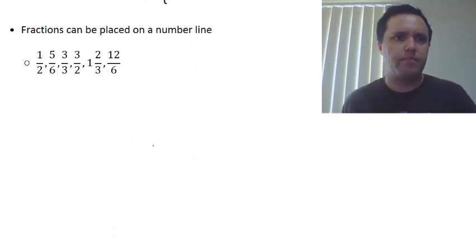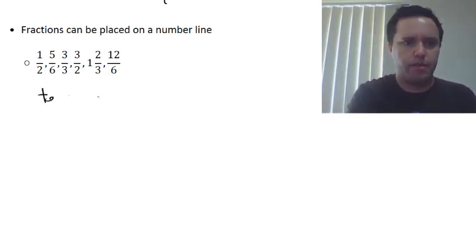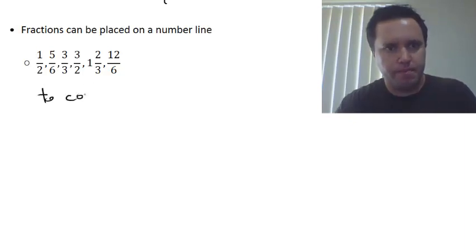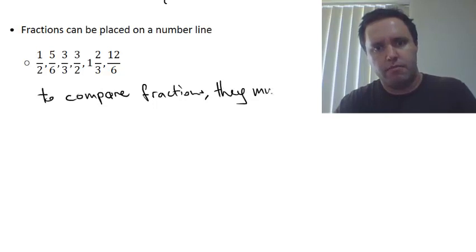Okay, right. Now fractions can be placed on a number line. So this is the idea of ordering them. Now, really, to compare fractions, which is what you're doing when you're ordering them, they must have a common denominator.